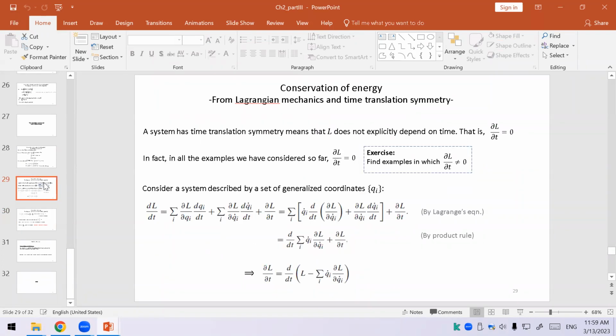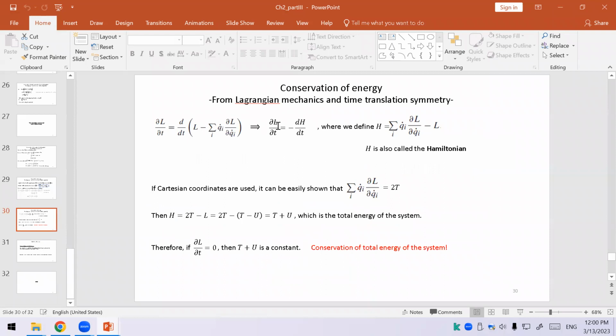At that time we were considering the total derivative of this Lagrangian with respect to time. After the rearrangement, you may remember that the partial derivative of this Lagrangian with respect to time is equal to the total derivative of this whole thing here. And that thing is in fact the Hamiltonian.